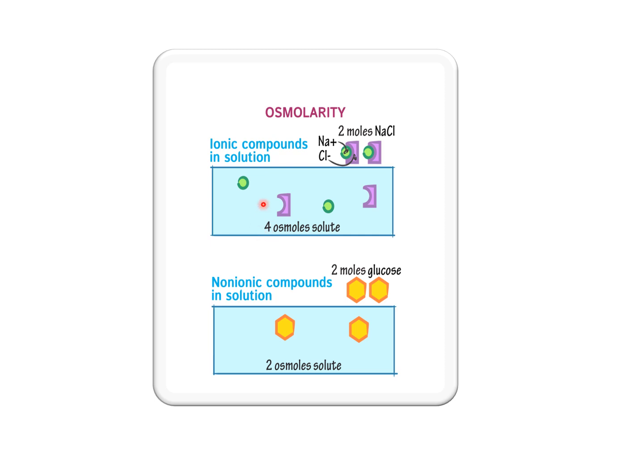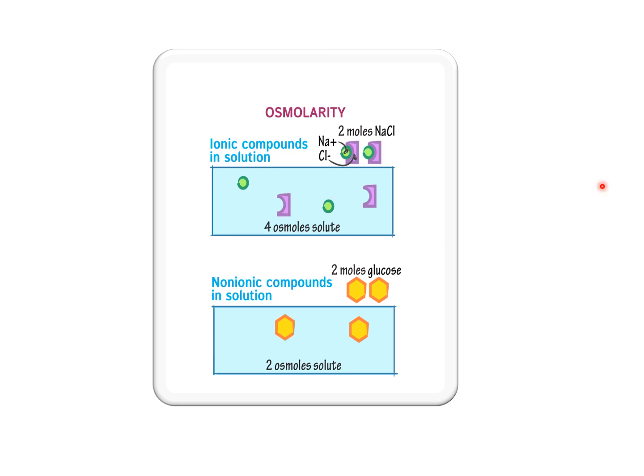So there is a difference if the particle is osmotically active, that means sodium chloride. When it goes into solution, there will be two osmotically active particles, one is sodium, another is chloride. So the concentration of osmotically active particles is doubled.